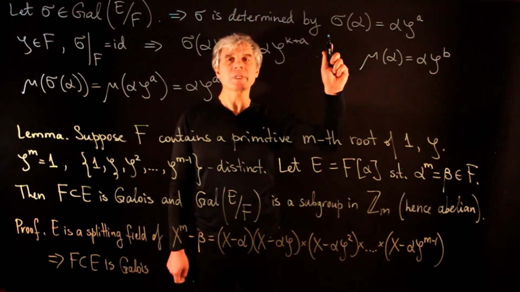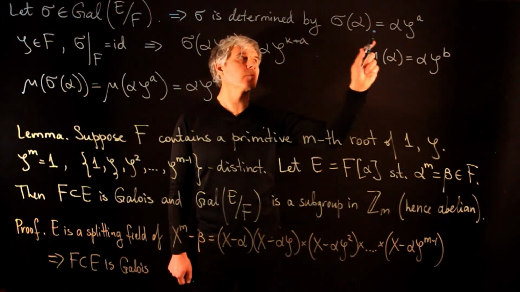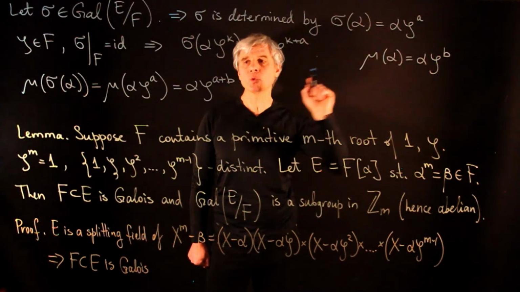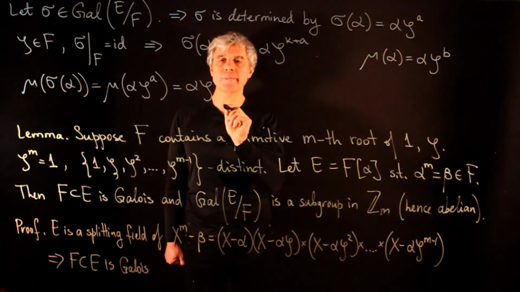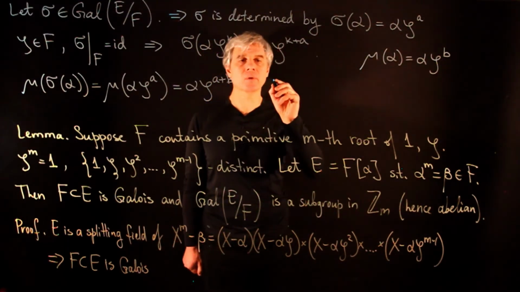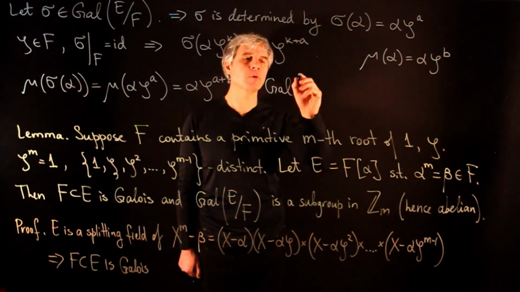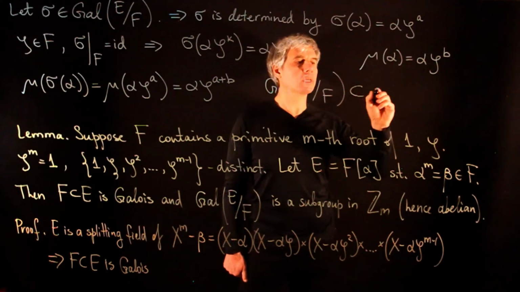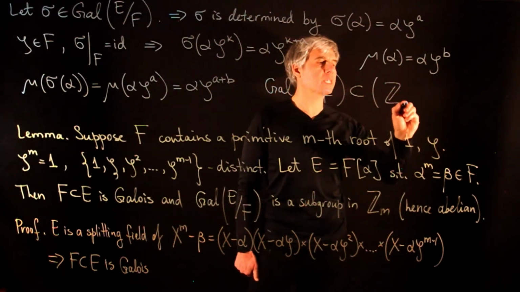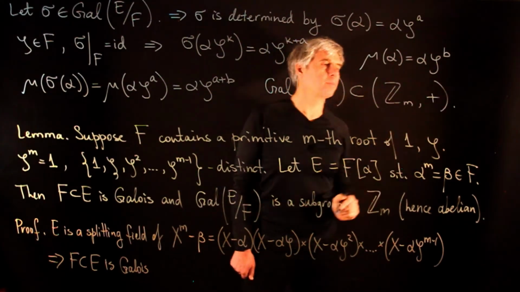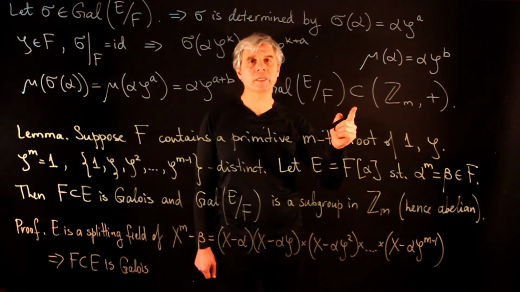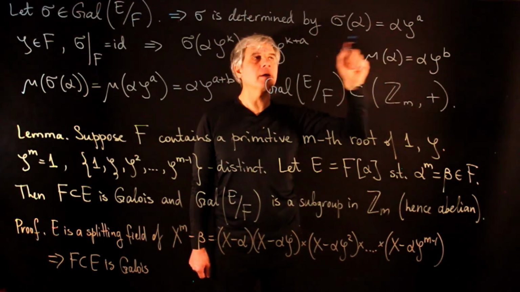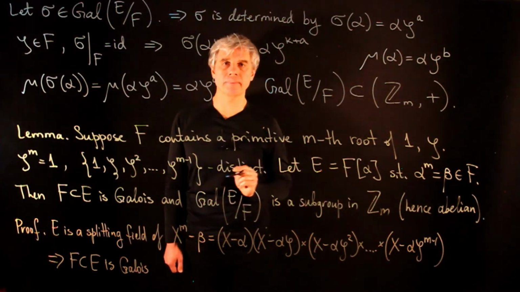From here, we see that to each automorphism we can associate a remainder mod m, and the induced group structure on the set of remainders is additive. So this tells us that the Galois group of E over F is a subgroup inside the additive group of Zm. We cannot claim equality here because in general, not for every a there will be a corresponding automorphism.